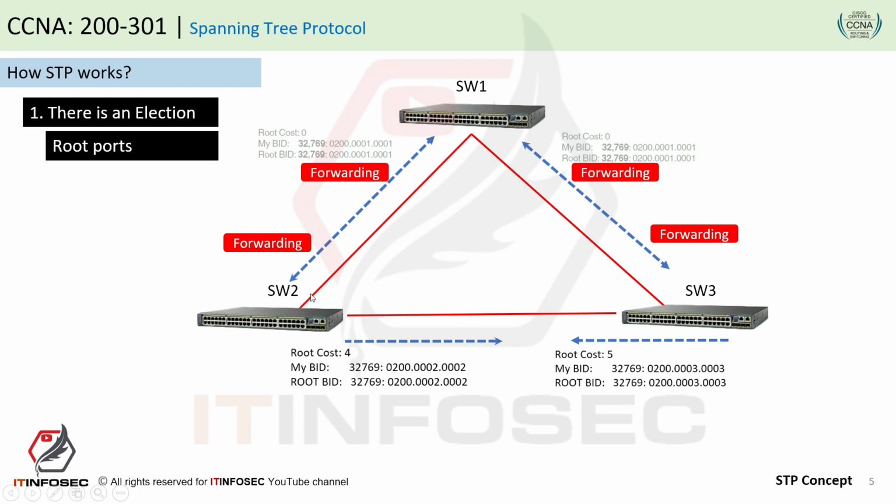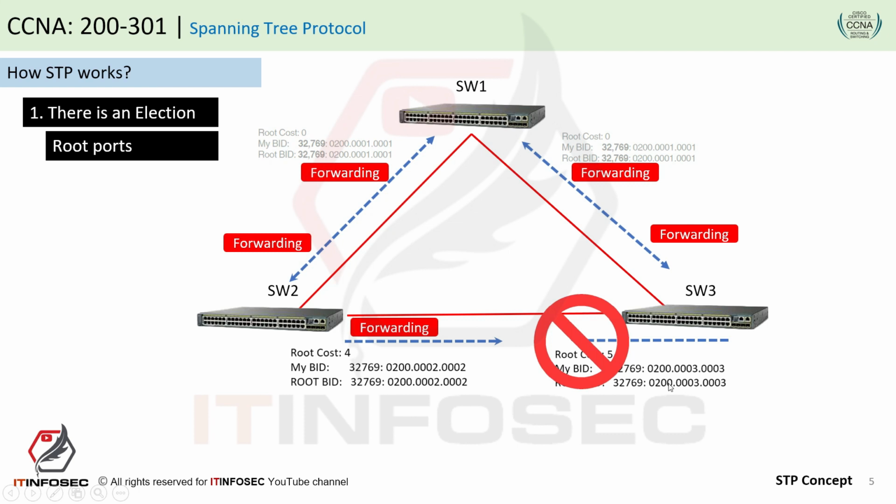So this upside port of SW2 will be placed in the forwarding state. The SW3 upside port, directly connected to SW1, will be placed in the forwarding state, and this port of SW3 will be blocked.